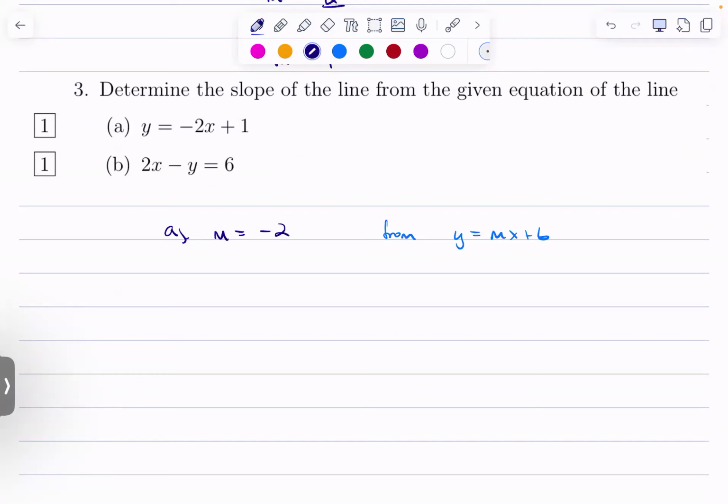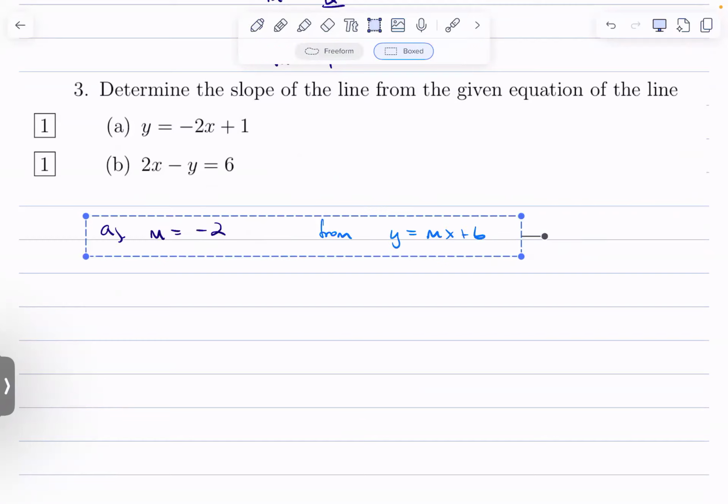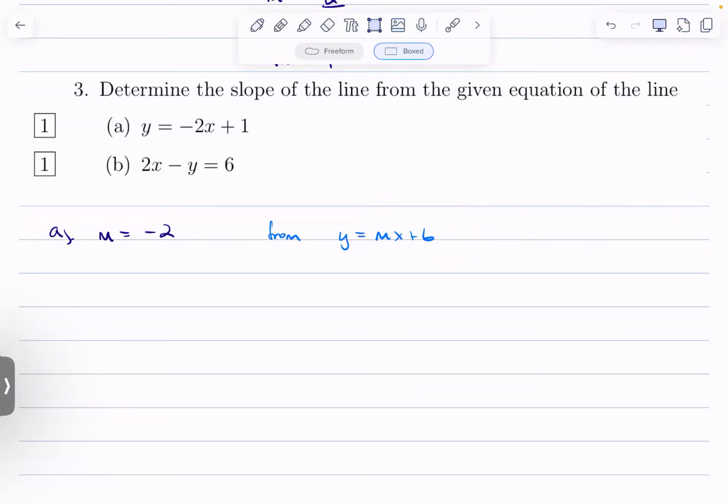In part B, we have to do a little bit of rearranging, not too much. Unless you remember that it's -a/b. If it's in standard form, you don't have to remember that. You can just rearrange it into y equals mx plus b, which is probably the easiest.